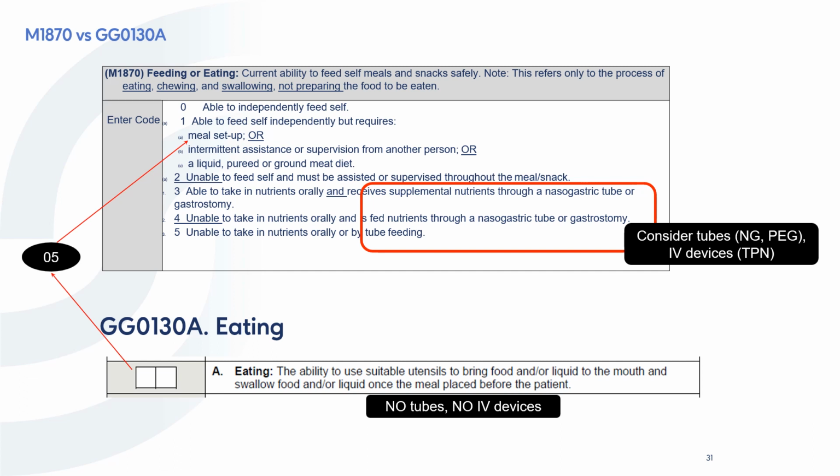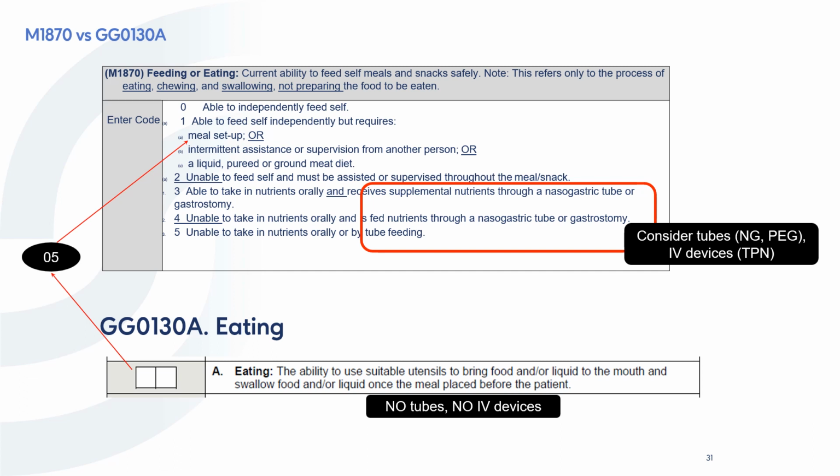That's your setup, right? It's something that's done for the patient before they get to that task of eating or feeding themselves. That's what that little 05 with the arrows is. If I'm putting 05 here, I'm really referring to that meal setup in the code 1 for M1870.